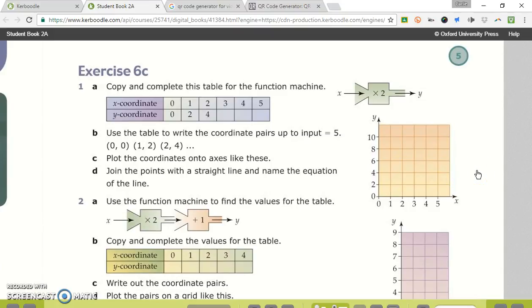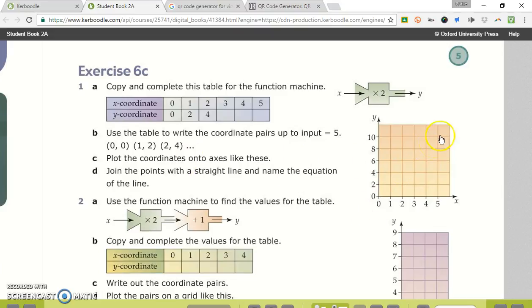Okay? So in this case, all we need to do is take our x value and multiply it by 2 to get our y value. So you'll see 1 times 2 gives us 2, 2 times 2 gives us 4, 3 times 2 gives us 6, and so on, etc.